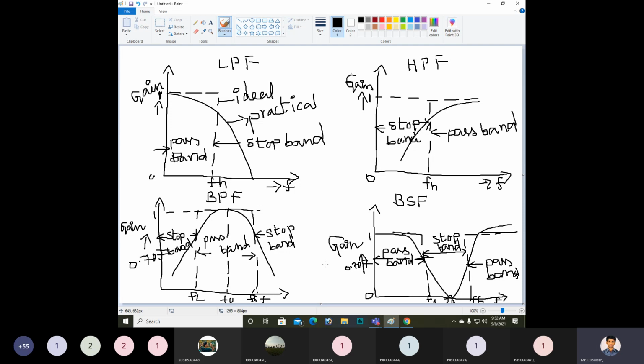So these are the frequency responses of 4 filters: low pass filter, high pass filter, band pass filter, band stop filter. If the examiner asks the question, draw the frequency responses of most commonly used filters, you need to draw the frequency responses like this.